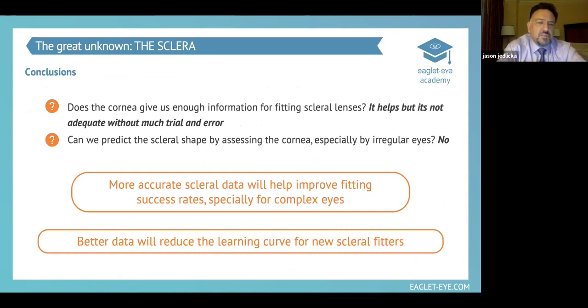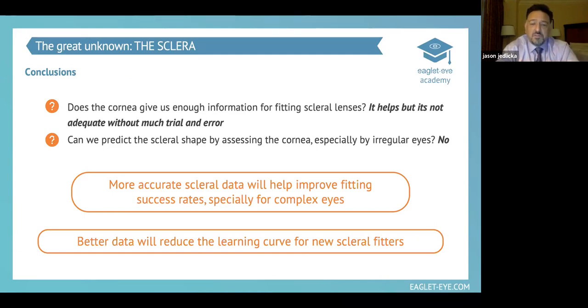So again, just to conclude our quick assessment of scleral shape: does the cornea give us enough information for fitting scleral lenses? Well, it helps a little bit. Again, we certainly need to know the size of the cornea we're fitting. It doesn't hurt to know the shape of the cornea to best get our vaulting area in good alignment to that shape, but it's really not adequate. It really requires much trial and error to get the scleral aspect of our fit right.